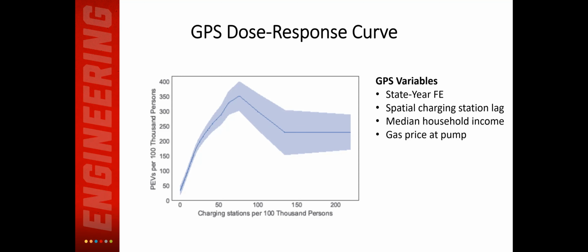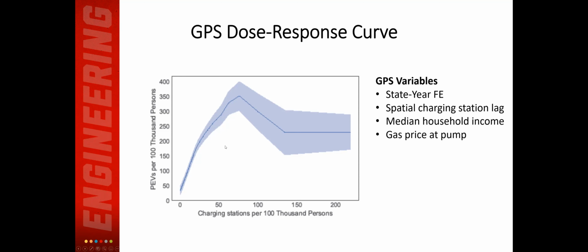And in that generalized propensity score function, I include state and year fixed effects, a spatial charging station lag, so do charging stations in adjacent counties affect outcomes in a given county, median household income, and then gas prices at the pump, because obviously that's going to affect EV adoption.